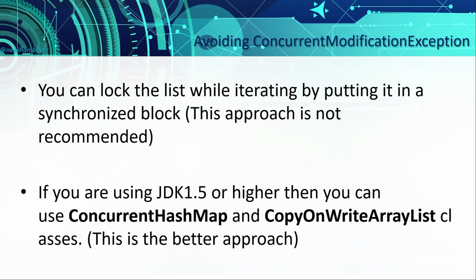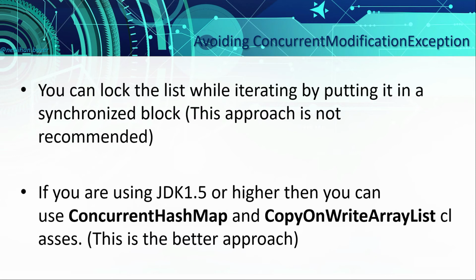For avoiding ConcurrentModificationException, the first solution could be converting the list to an array and iterating through the array. This could be a good approach for small or medium size lists, but it would cause bad performance for large lists.